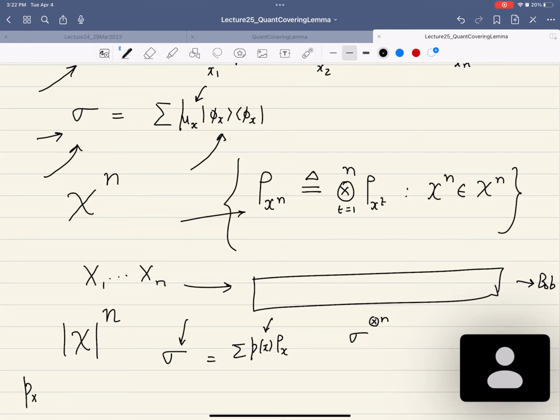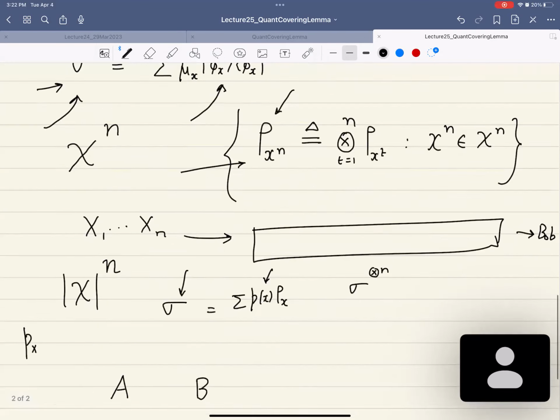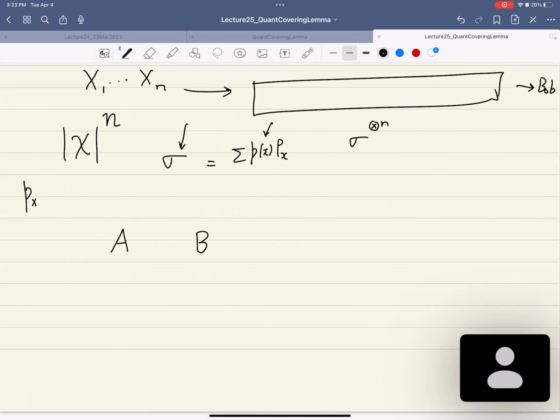We need rho x^n, but like we are using the summation thing. I did not understand. See, what is the probability that Bob will see state rho 0? It is p0. So he will see rho 0 with probability p0.